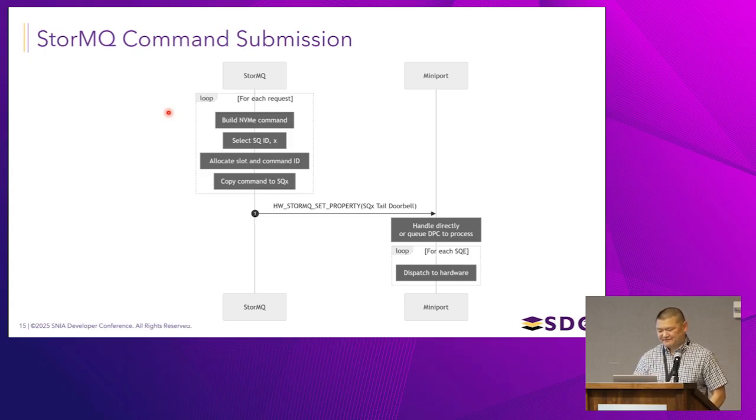So from the miniport perspective, if the miniport has to do additional work to program that command to hardware, the miniport can do that when the doorbell is rung, or it could do it in what's called a DPC on Windows, which is a deferred procedure call, where the miniport could take all of the SQEs, the submission queue entries that have been copied to a particular submission queue, and actually dispatch it to the hardware.